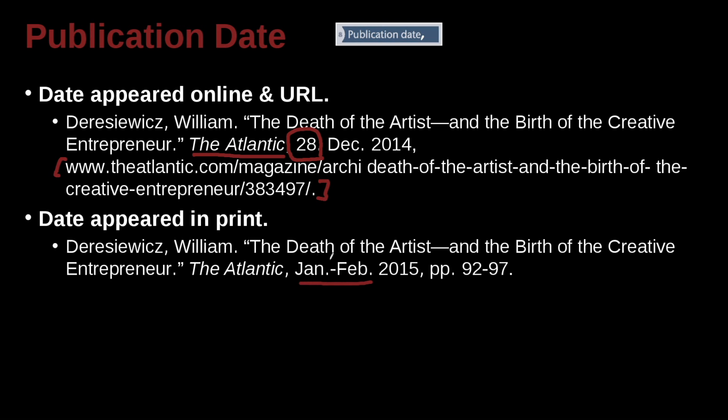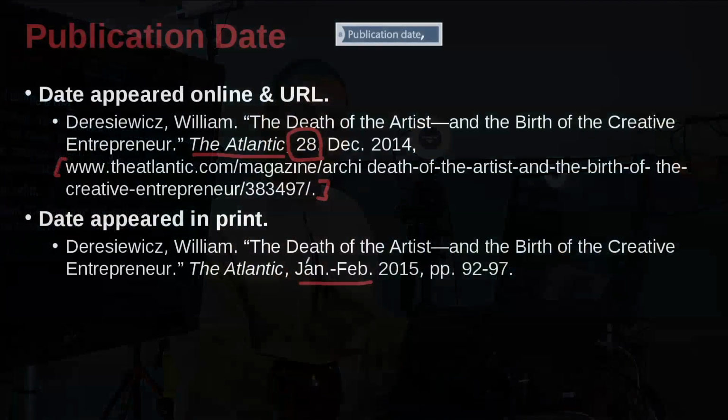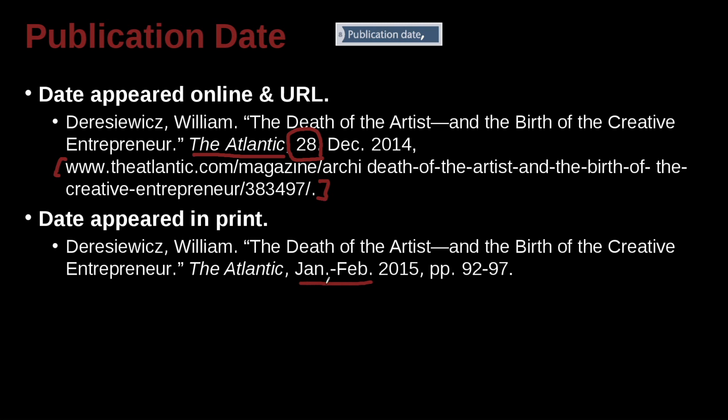And it's called January to February. That's the way they write it. So it's probably two months for that one issue. So in that case, we're going to follow what they do. Now if it's online, we have to say this was the exact date that it was retrieved online. That's different than using the print aspect.